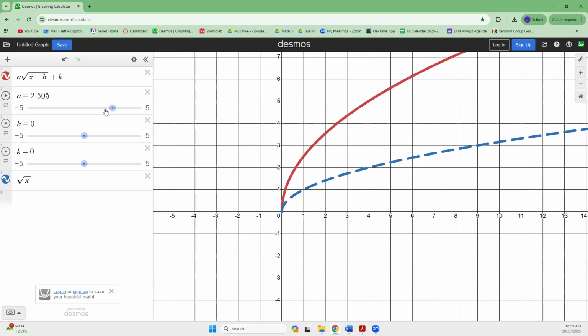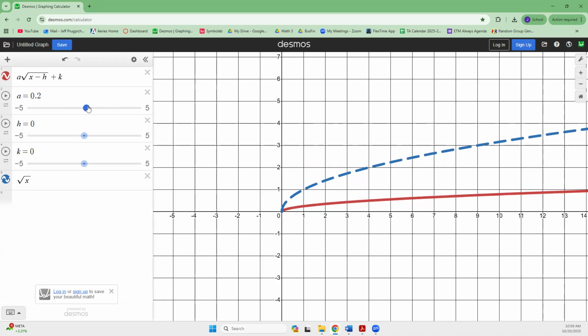Okay, so again, here's a is 1, or closest possible. As a gets bigger than 1, you can see the graph gets vertically stretched. If a is between 0 and 1, we call that a vertical compression. It's like you squish the graph down towards the x-axis. Anything between 0 and 1 is vertically compressed.